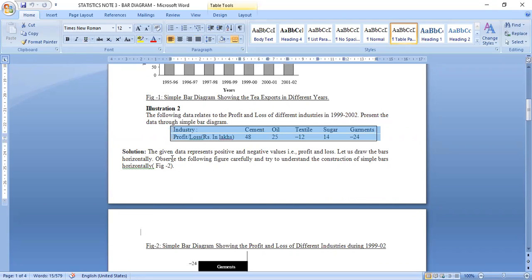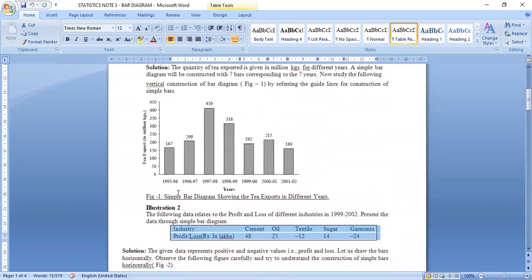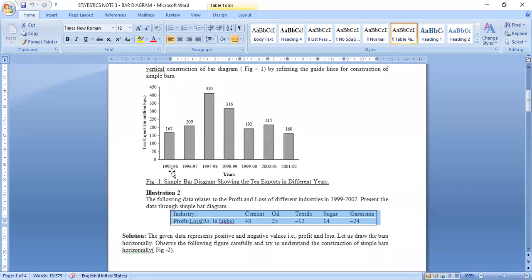Okay. Sugar and garment loss minus 25. So you have to write the horizontal bar. See the picture. You have to write the vertical bar. They are called vertical bar because vertical, I hope you understand.